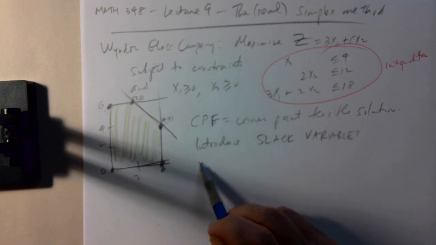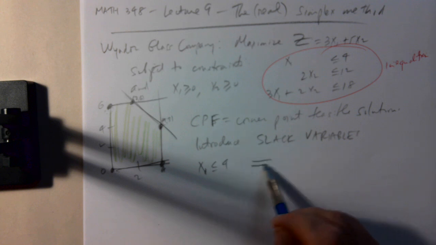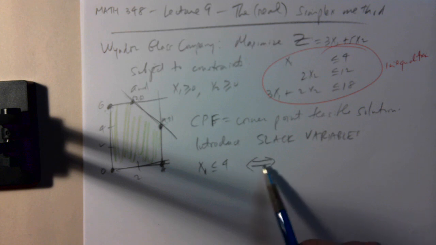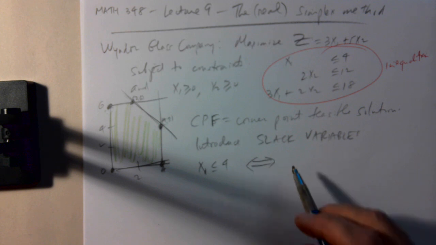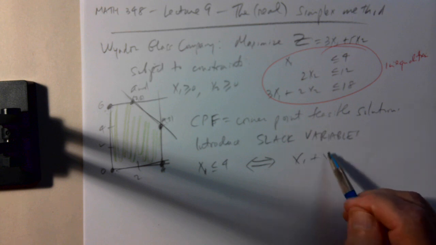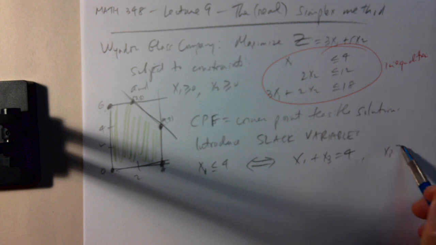For example, to say x1 is less than or equal to 4 is exactly equivalent to, so in mathematics, this double-headed arrow means if and only if, x1 plus x3 equals 4 for some x3 which is greater than or equal to 0.